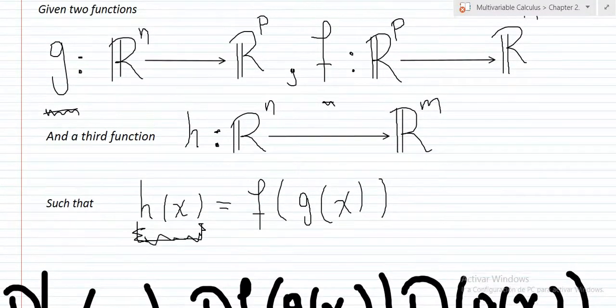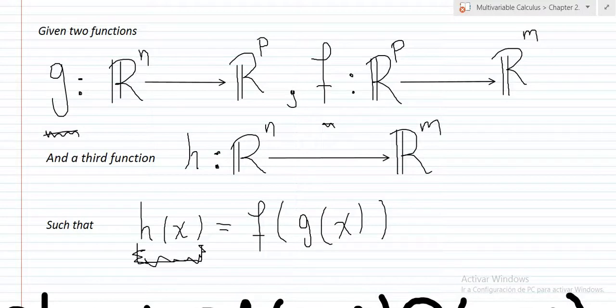Well, the formula for the derivative of this function is going to be a matrix. As I mentioned in another video, the derivative in many variables is a matrix. I talked about that in another video, so I'm going to leave the link in the description.